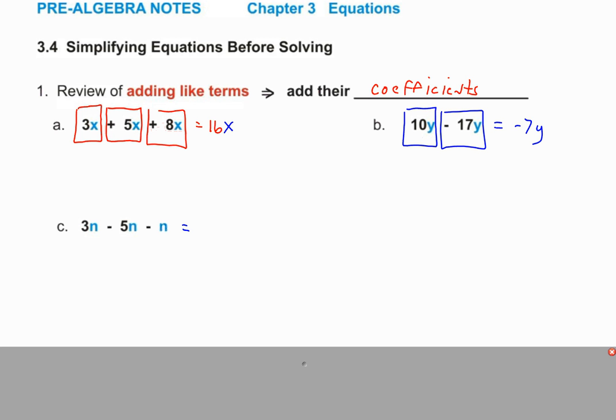All right, so hopefully as you work your way through, you say 3 of them minus 5 of them gives you a negative 2 of them, and a negative 2 of them and 1 more negative gives you a negative 3 of them, right? So we end up with a negative 3n. All right, all review, right? We've done adding like terms before, no big deal there.